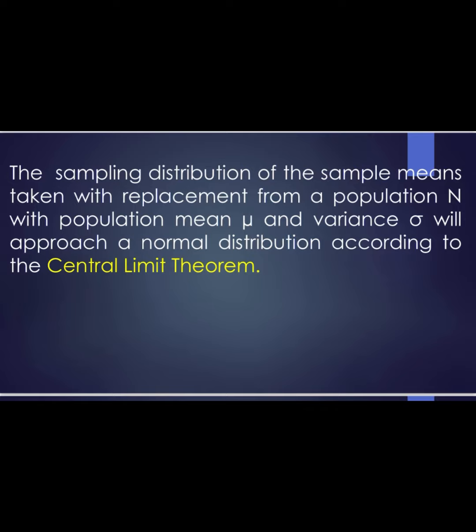So, let's conclude that the sampling distribution of the sample means taken with replacement from a population with population mean and variance will approach a normal distribution according to the central limit theorem.